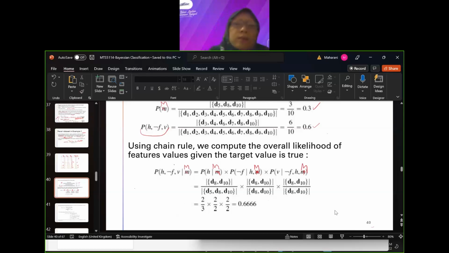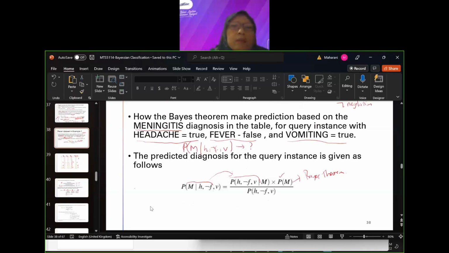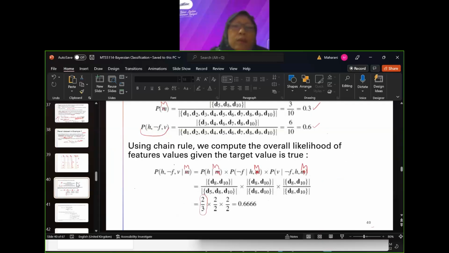Okay, explain this one. So we got this one already. Now the second one. To compute this, we have the rule.